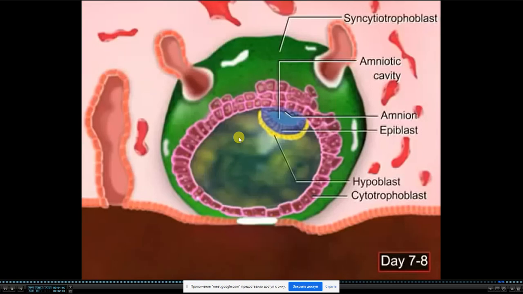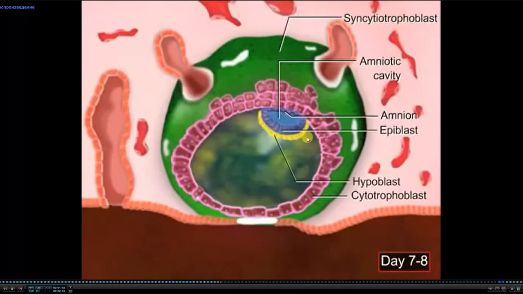This amniotic cavity is here. As I said, in future it will surround the entire fetus or even the embryo. And what is the hypoblast? We'll discuss it right now.